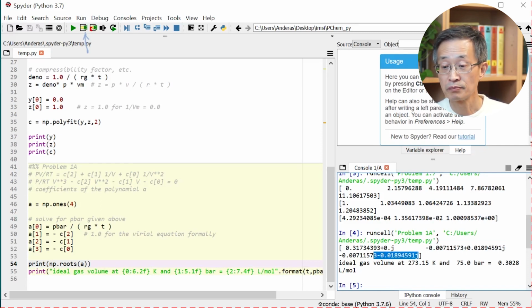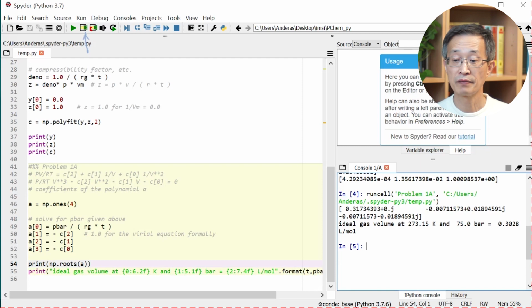The other root, with 0j, is a real and positive number, so this is the answer. The answer is 0.3173 liter per mole, and the ideal gas volume at 273.15 K and 75 bar is 0.3028 liter per mole. Which is close, but this is more compressed.